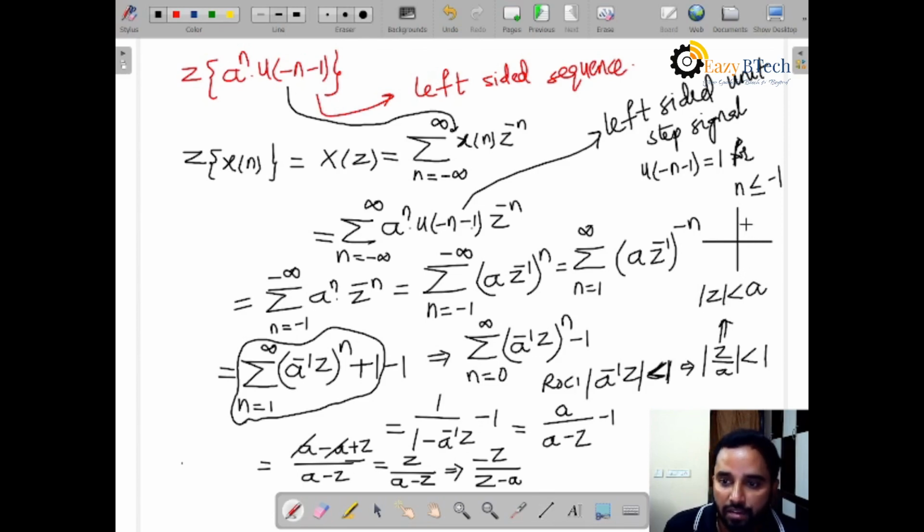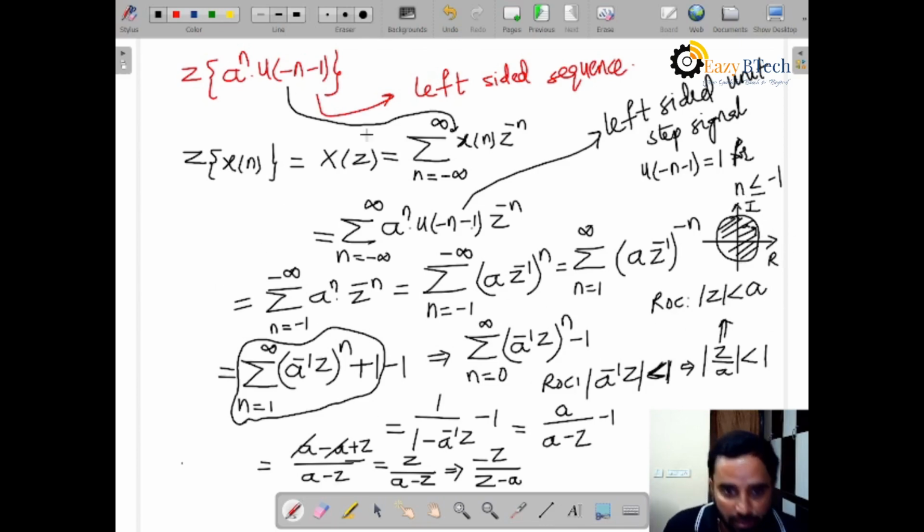So take the circle of radius A. So now what is ROC here? Magnitude of z is less than A, means inside the circle of radius A. This is the real part, and here it is the imaginary part.